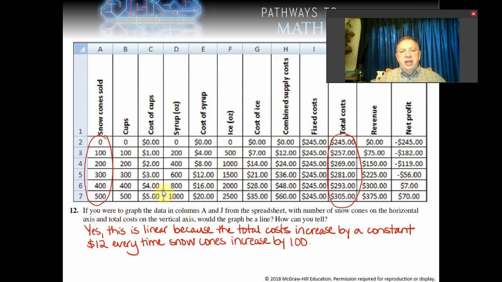If you were to graph the data in columns A and J from the spreadsheet with number of snow cones on the horizontal axis and the total cost, would the graph be linear? How could you tell? If we divide the changes, the change in cost per 100 snow cones, those should be a constant.